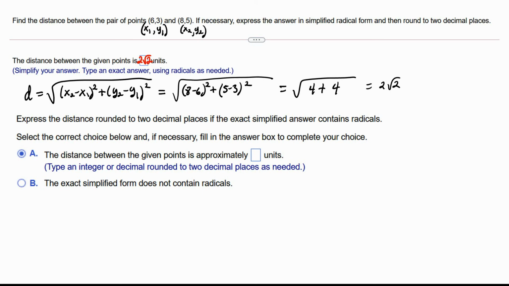Anybody get it? That's 2 times the square root of 2. You get 2.83. Okay. Thank you, ma'am. Appreciate that.